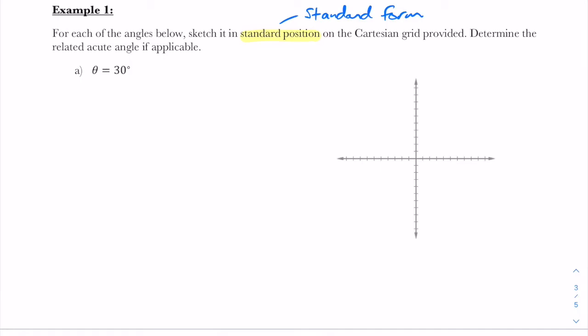So for each of these problems, I'd like you to please label your diagram first. If you'd like, you can also label the initial arm. You certainly, again, like I said, don't have to do this.